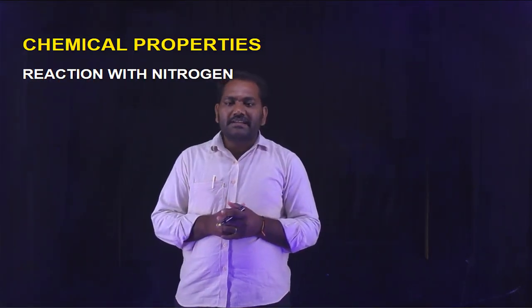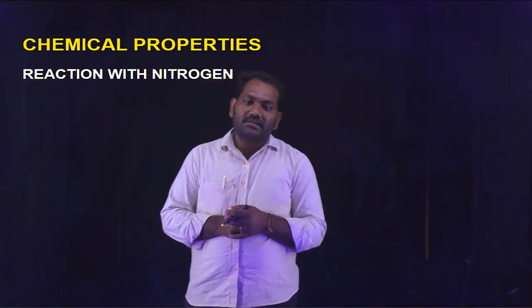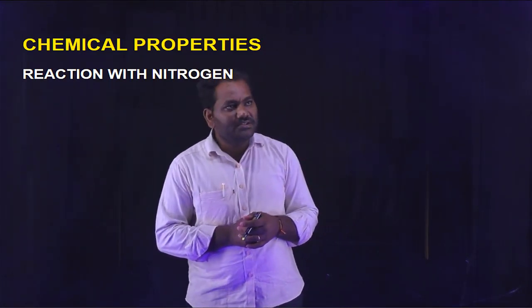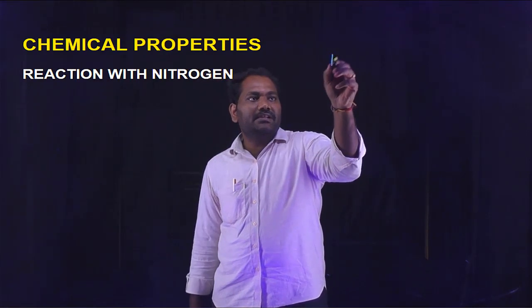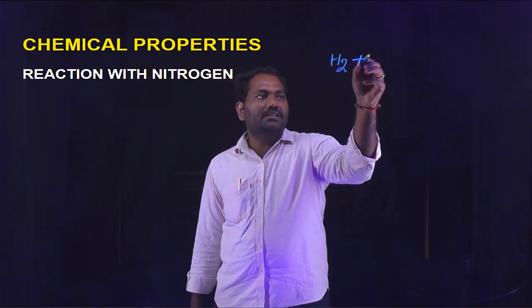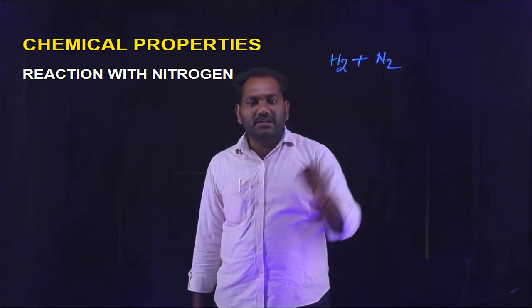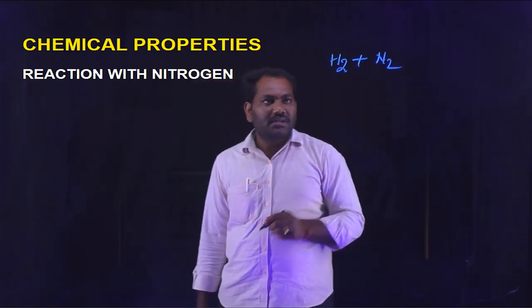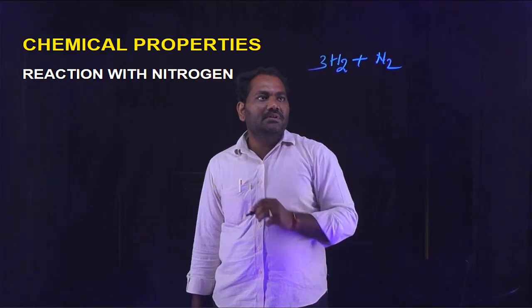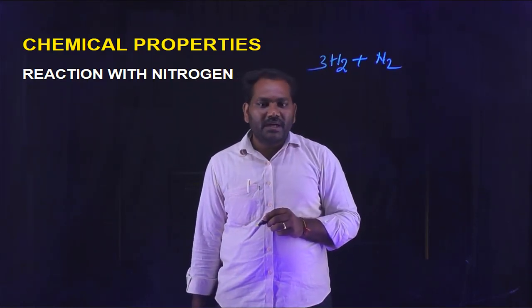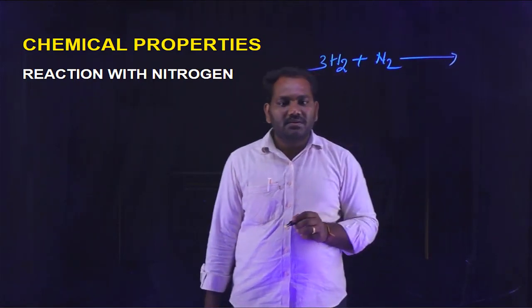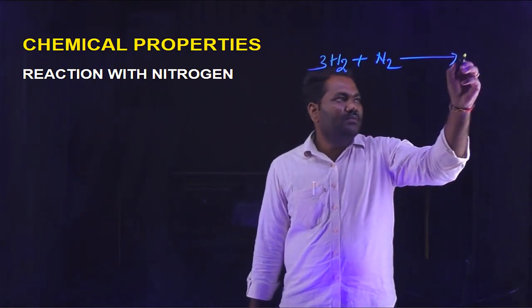Next is the reaction with nitrogen. Dihydrogen reacts with nitrogen, which is also available in dimeric form, N2. Here 3 moles of hydrogen react with nitrogen to give 2 moles of ammonia.